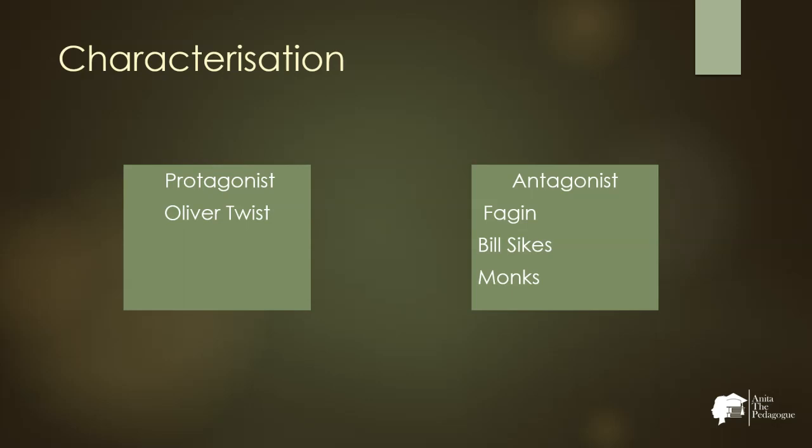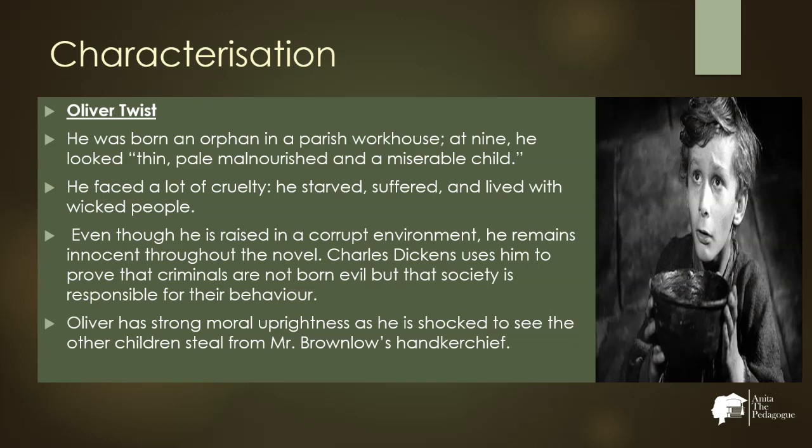The protagonist, the main character of the story Oliver Twist, is Oliver Twist. And the antagonists, the villains who attacked Oliver Twist, are Fagin, Bill Sykes, and Monks. Let's go on and look at the description of the various characters. We'll begin with Oliver Twist.